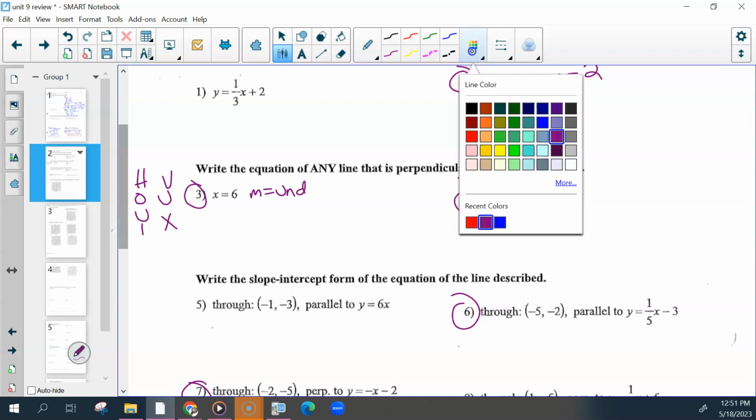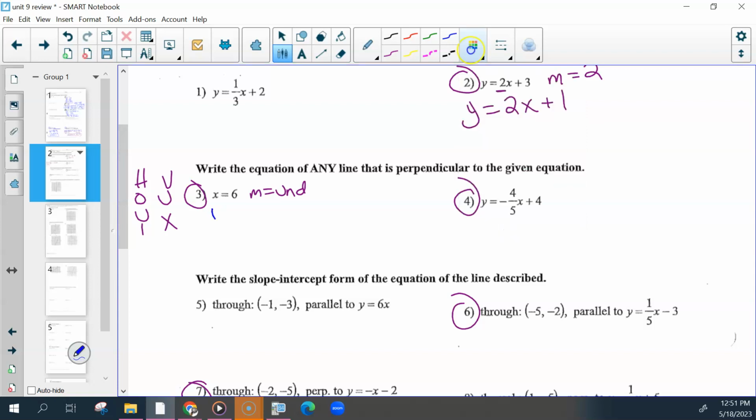So our new slope would be 0. So that means our new equation is going to be a y equals, no longer x equals. Someone give me a number. It can be the same, different, doesn't matter. Sure. Yes. Questions on that one?